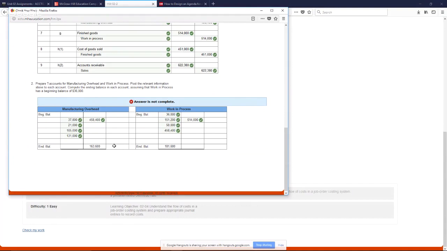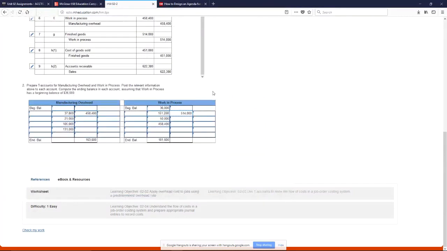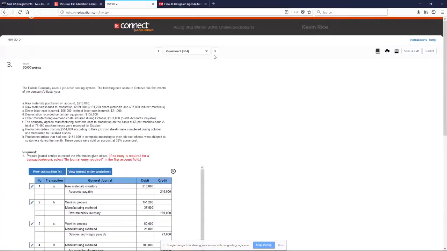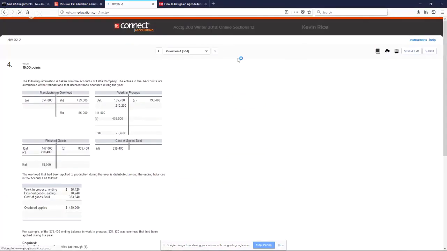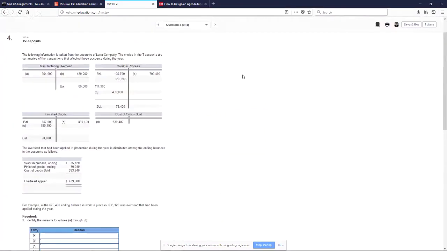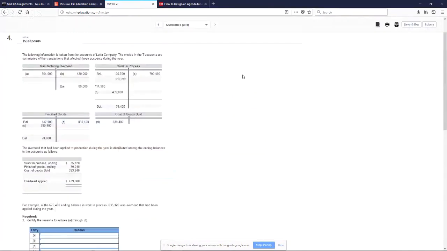All right, want to do 4? Yeah. So for 4, I got a little confused on this one too, actually. It has all these different accounts and their balances. And basically it says the overhead that had been applied to production during the year is distributed among the ending balances in the accounts as follows.